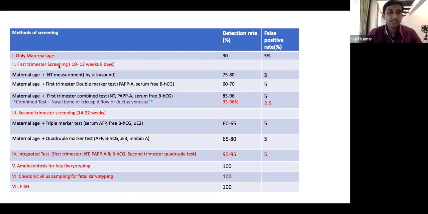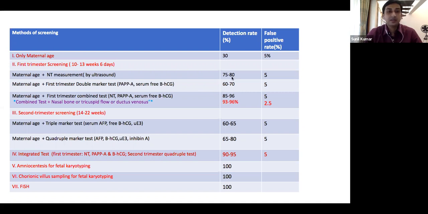If we do a first trimester screening, that is between 10 weeks to 13 weeks, 6 days, you can consider only maternal age plus NT measurement by ultrasound. The detection rate would be 75 to 80%, and false positive is 5%. If you consider maternal age plus first trimester double marker test without any ultrasound, then the detection rate is 60 to 70%.